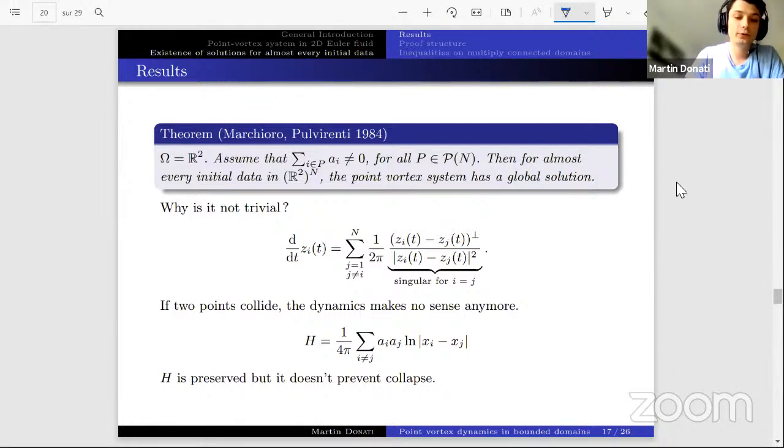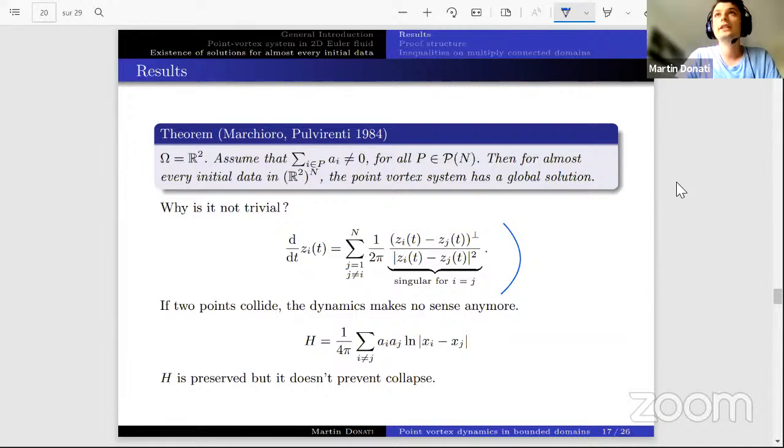It's because if you take a look at the point vortex dynamic, even in the whole plane with no boundary, if you have a collision, which means that Zi equals Zj for some j at some point, then we have the same problem: when we define the point vortex dynamics, this term makes no sense anymore. So the equation is not valid.